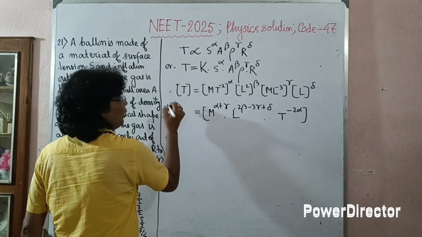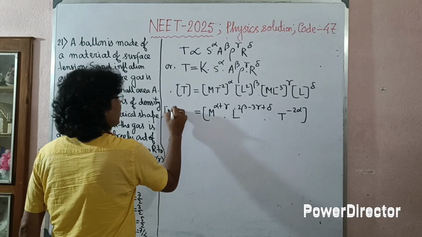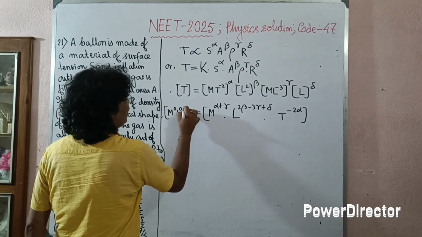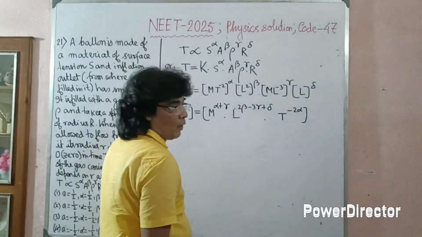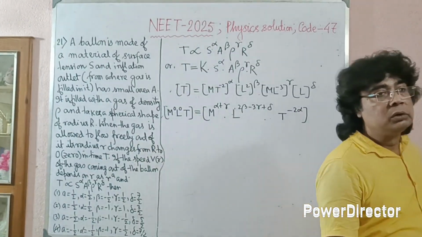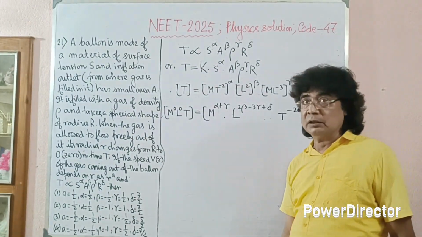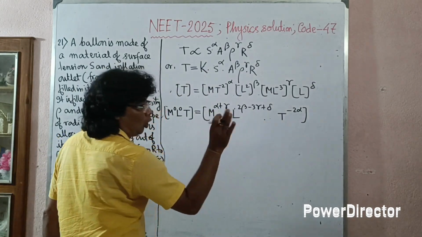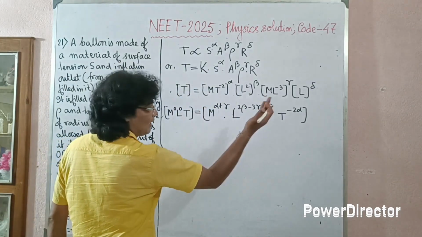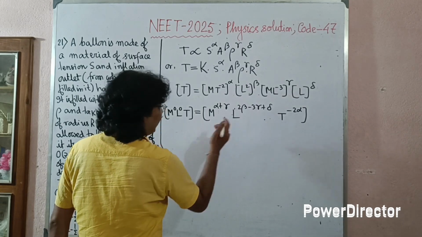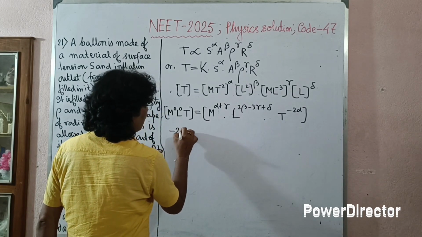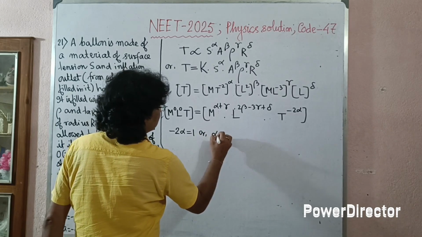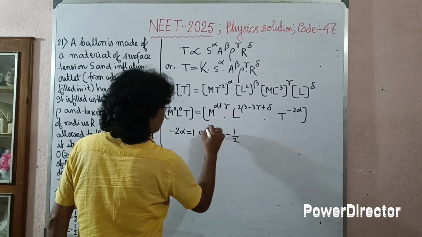And left hand side we can write this as M to the power 0, L to the power 0, T. Now we can equate the power of capital T on both sides. Right hand side, power of capital T is minus 2 alpha. Left hand side 1, or alpha equal to minus half.